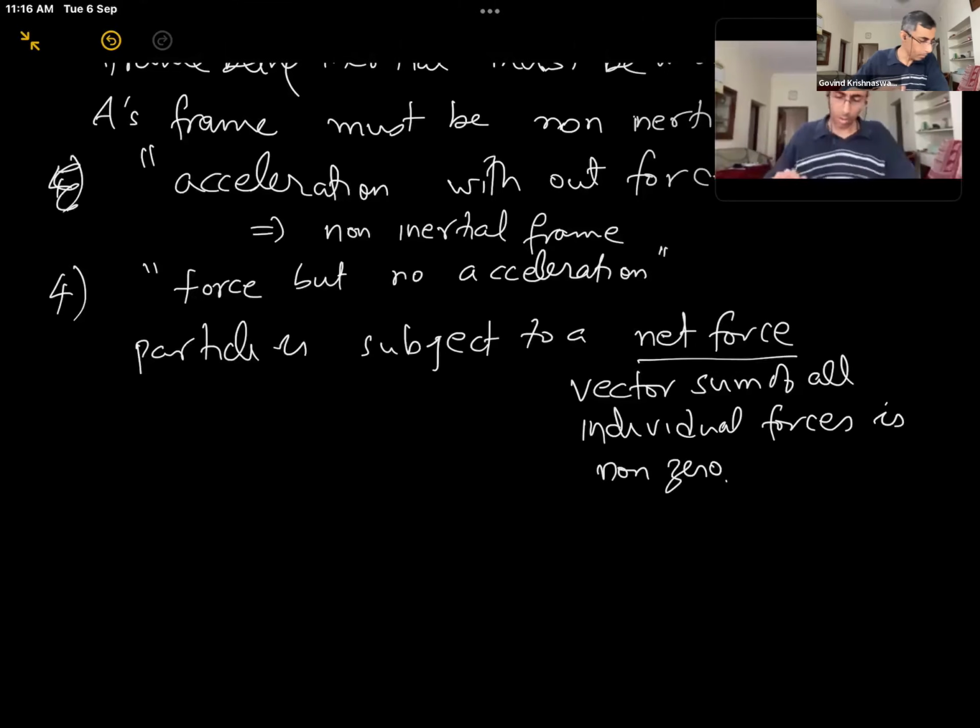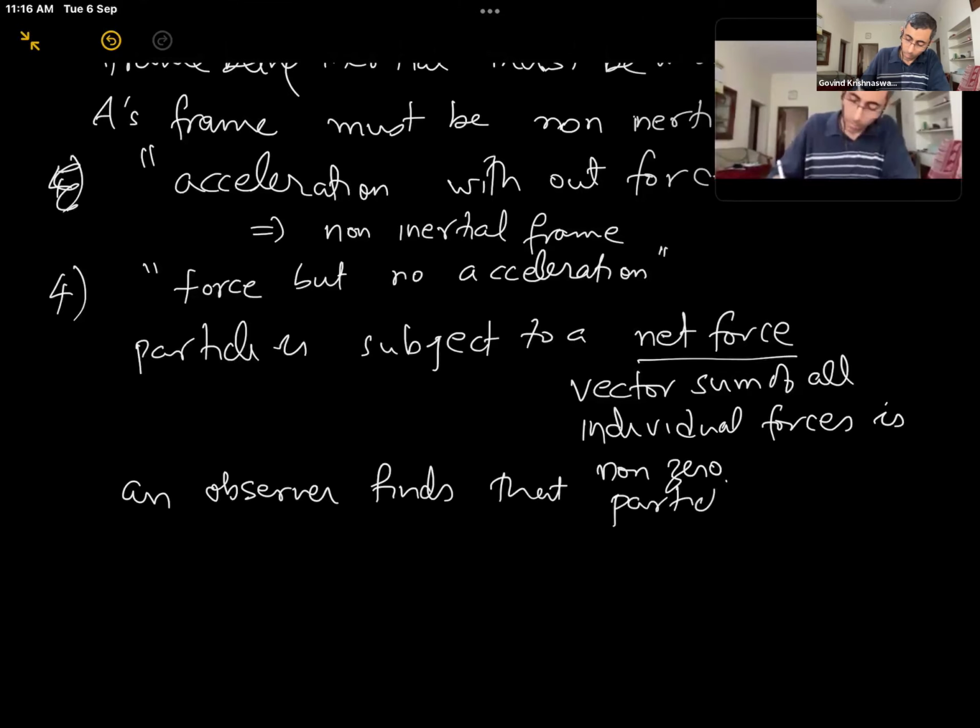Then, what is found is that an observer finds that the particle does not move.